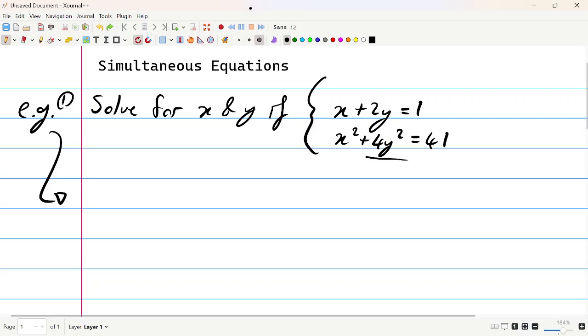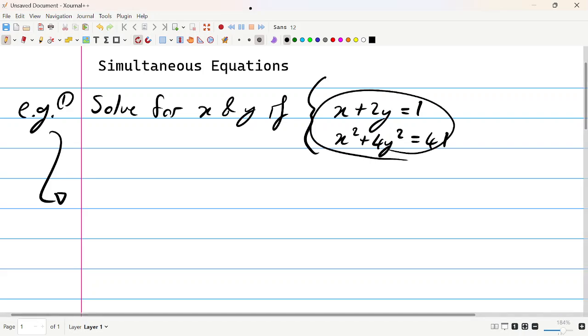So these are both functions, and we want to solve for x and y for both of these functions. I wouldn't say it's a circle because it's not a perfect circle, but this one is a straight line equation if you were to write it in terms of y. But let's not get into that.